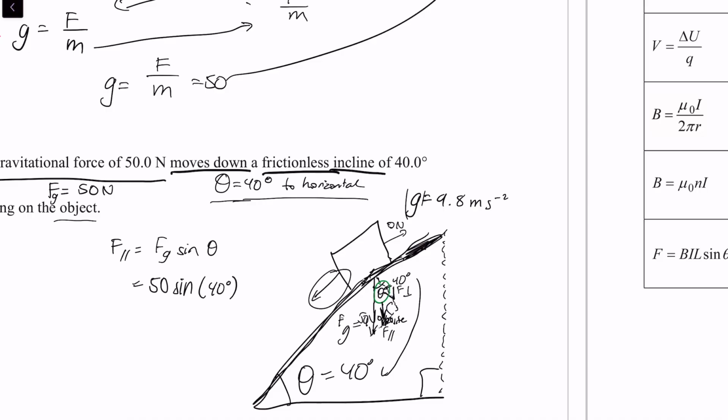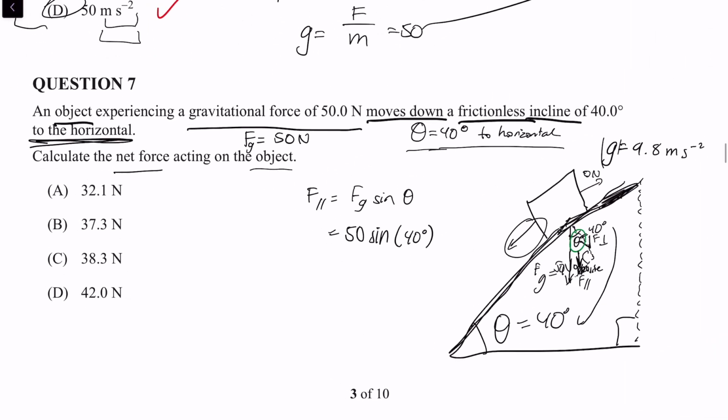Now make sure our calculator is in degrees mode and not radians mode. I'm currently in radians mode, so I'm going to change that, because you will get a different value. Most of the time, one of the options is literally a radians mistake trick value.